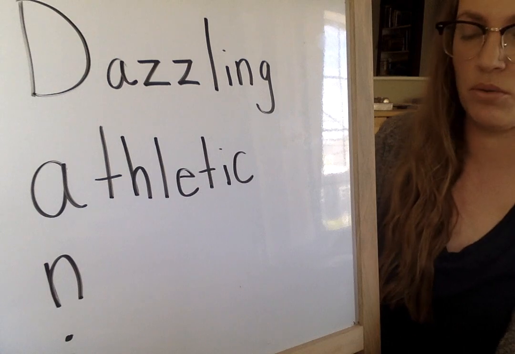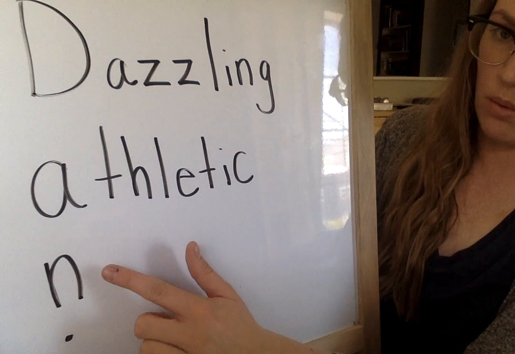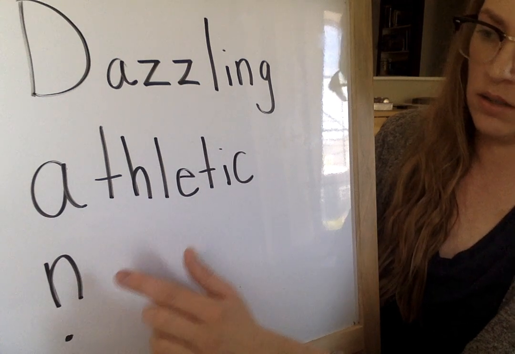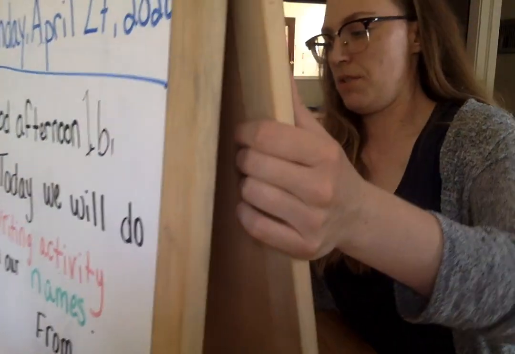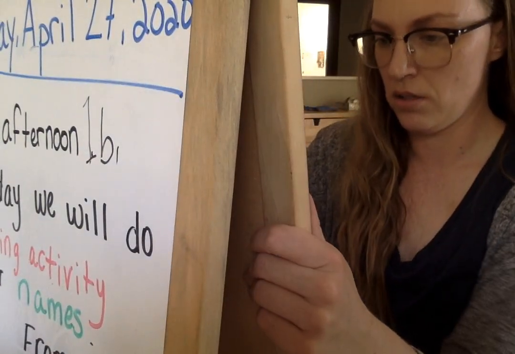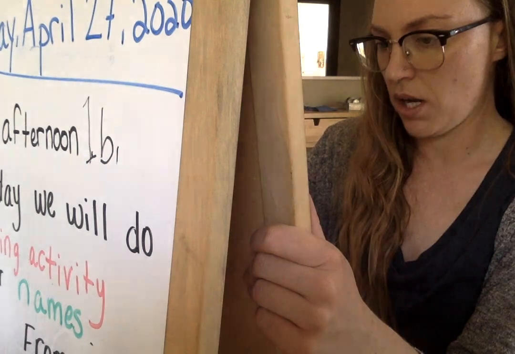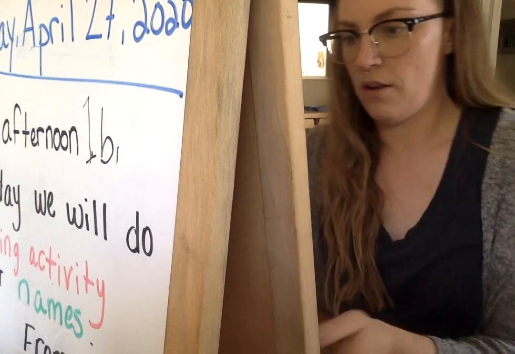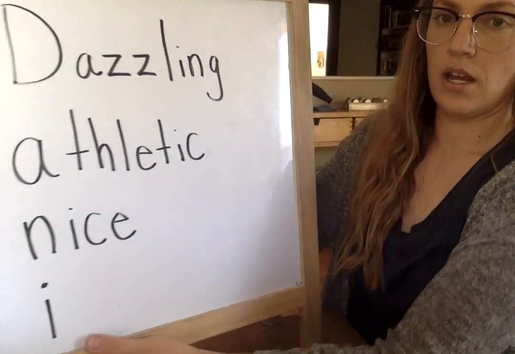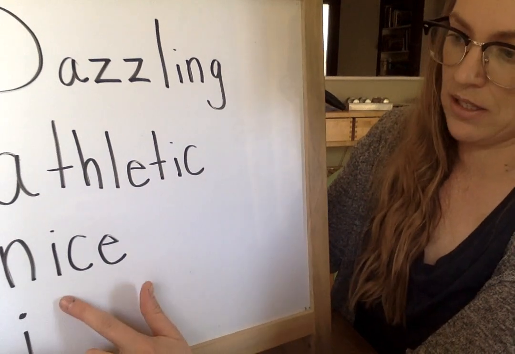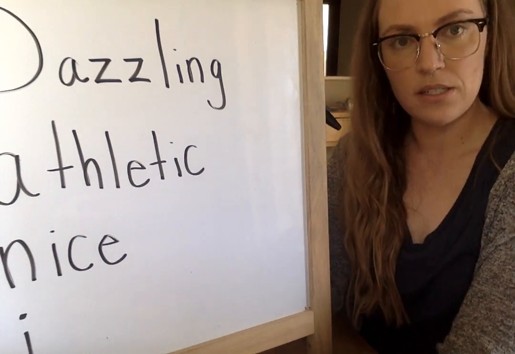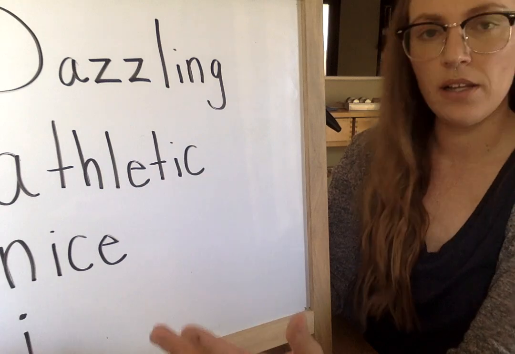That means that you're someone who likes to play sports. All right, now the next letter is the letter N. Let's think of a way to describe Danny with the letter N. The word that I've got for Danny that starts with an N is nice. Danny is one of the nicest kids in 1B, and I love that.